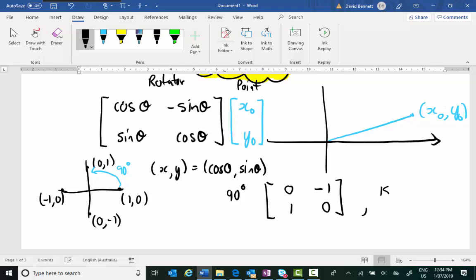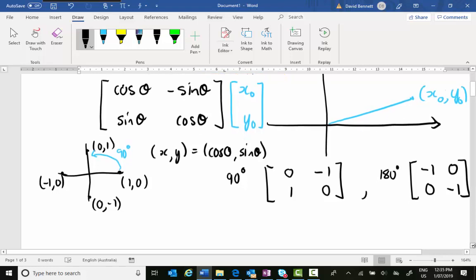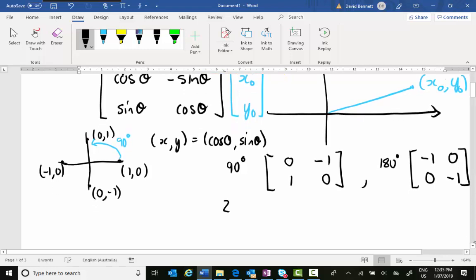Now if it was 180 degrees, then my matrix would become the following. We know cosine of 180 is -1, so that'd be -1, sine of 180 is 0, and then that would be -1. If we were looking at 270 degrees, then we're looking at the point 0, -1, so cosine is going to be 0 and sine is going to be -1, so the matrix is 0, 1, -1, 0.